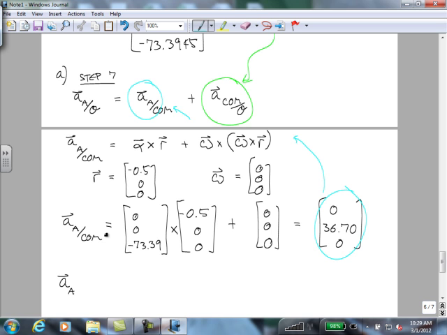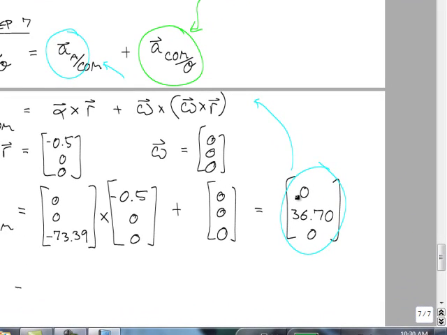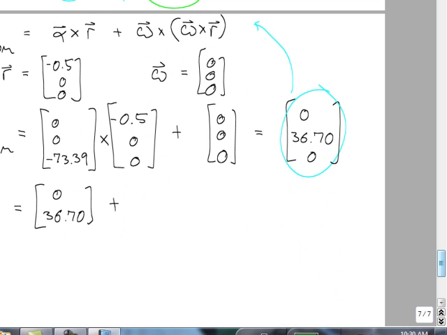The acceleration of A relative to the origin is 0, 36.7 plus 0, 13.33. And so you get 0, 50.03 meters per second squared.